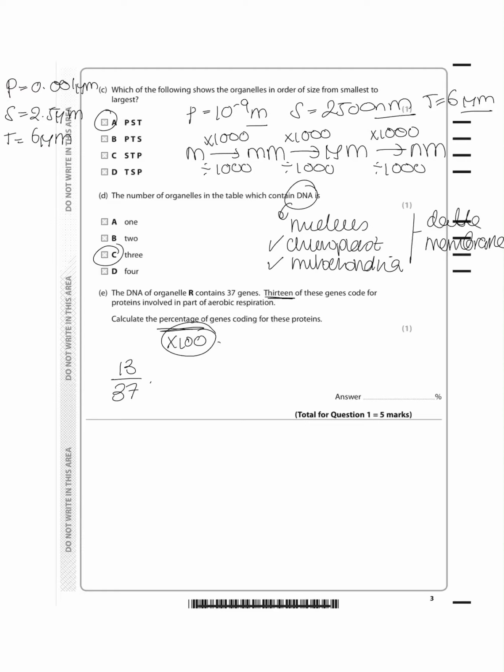So we have done this in a particular way because on top we put the desired figure, and here it's 13, and we divide it by the total. So there are 13 genes that code for aerobic respiration in 37 genes, and then we times by 100. This should give us 35.1%.